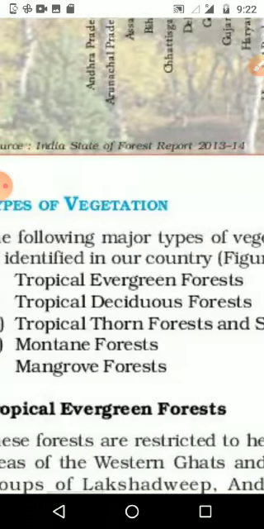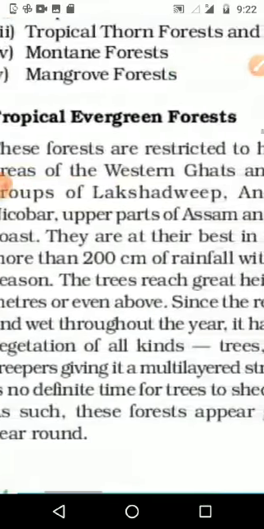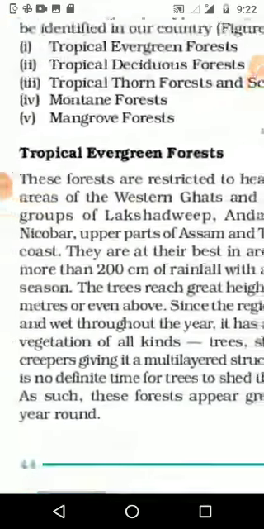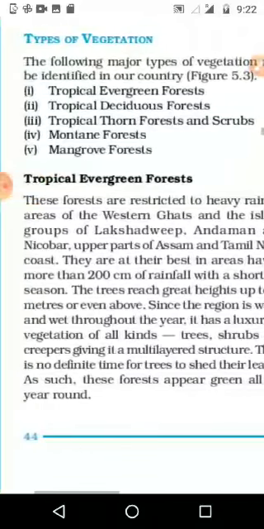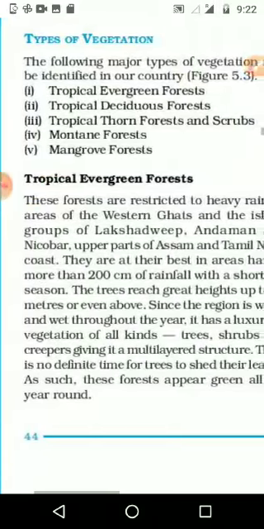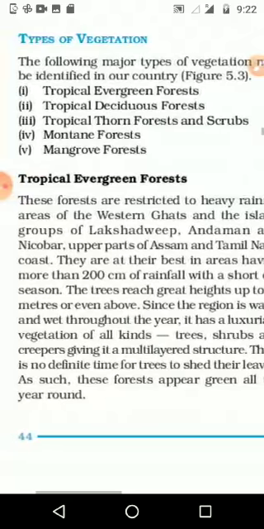These forests are restricted to heavy rainfall areas of the Western Ghats, the island groups of Lakshadweep and Andaman Nicobar, upper parts of Assam and the Tamil Nadu coast. So in the coastal areas where we get maximum rainfall, we can see the tallest trees in the tropical evergreen forest.